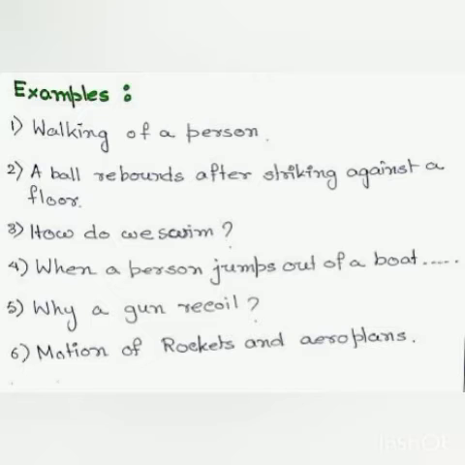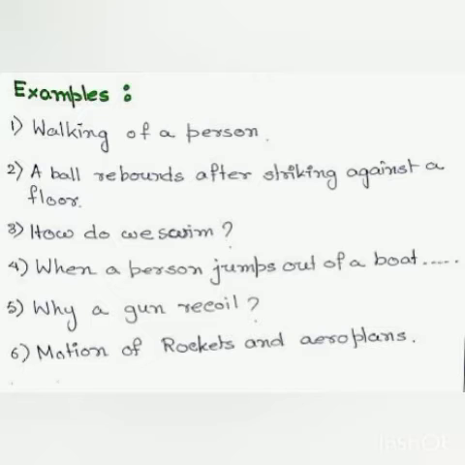Next, just consider when a bullet is fired from a gun, the gun recoils, means it moves backward. Why? See, when a bullet is fired from a gun, force is exerted on the bullet by a spring in the gun, and the bullet accelerates in the forward direction.